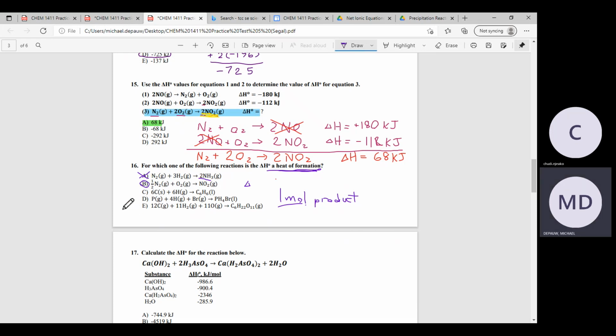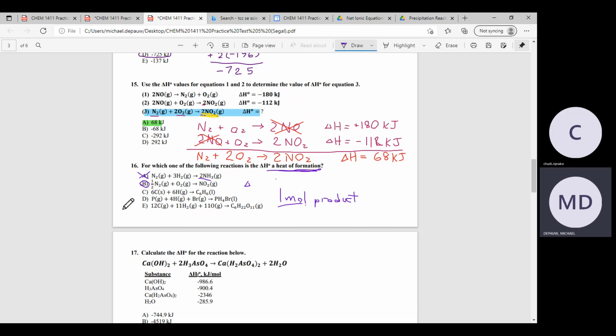Carbon, is carbon normally a solid in its elemental state? Yep. Is hydrogen normally H? It's normally H2. Remember the diatomic molecules: Brinkelhoff, bromine, iodine, nitrogen, chlorine, hydrogen, oxygen, fluorine. Those 7 elements are diatomic in their elemental state. So this is not standard state, and therefore that is not enthalpy of formation.